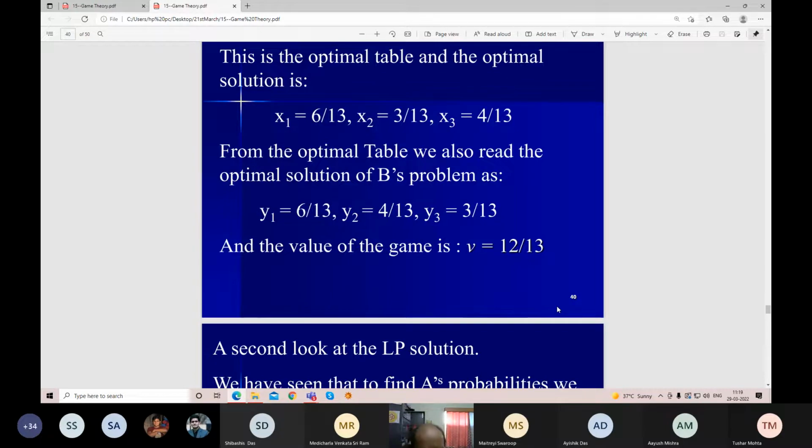You find the basic feasible solution. There must be m plus n minus 1 number of non-zero solution. Then you check whether the given solution is optimal or not. To check the optimality condition, we have to use the dual problem. We have to find the parameters u1, u2, um and v1, v2, vn.